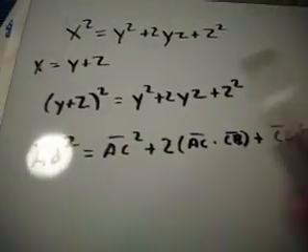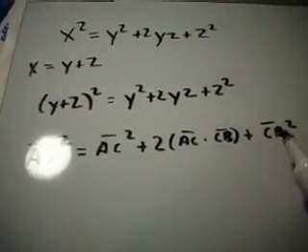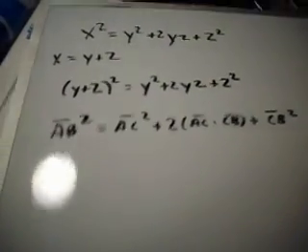Now let me show you AC squared and CB squared. Okay. Here is AC squared. What we did was we took the length of AC and we drew it 4 times. Here, here, here, and here. Now, if you'll remember, the area of rectangles is found by taking the length times the width.